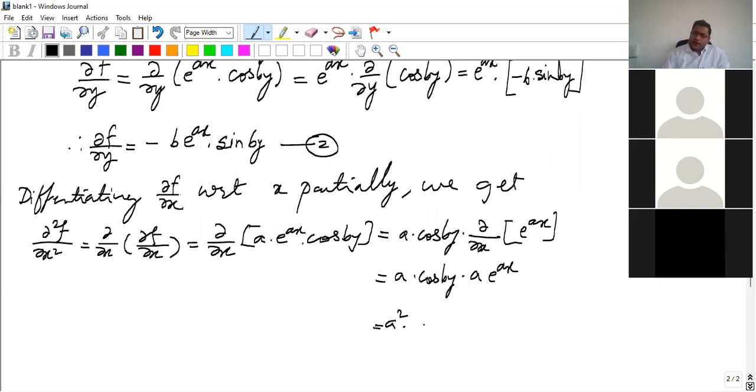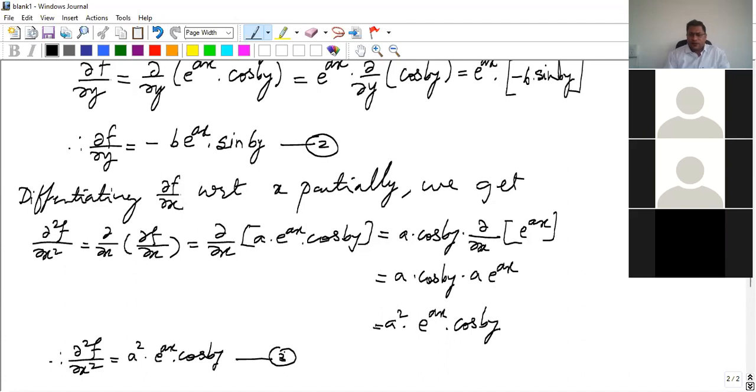So we can write a² e^(ax) cos(by). So that's what we'll be having. This is ∂²f/∂x² equal to a² e^(ax) cos(by), equation 3.